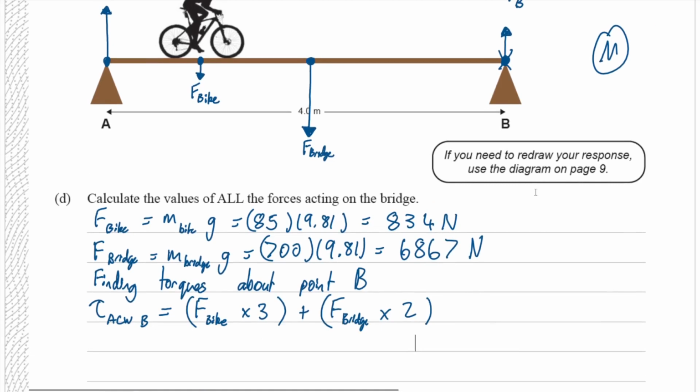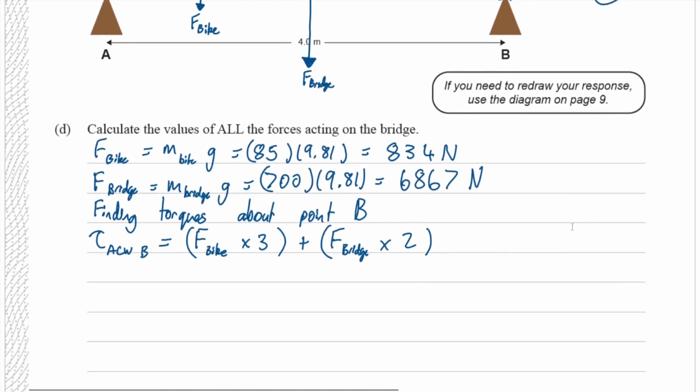And yeah, we could have put in the values for F bridge and F bike in one step, but let's just do it in two. So F bike, we said 834. F bridge 6867.